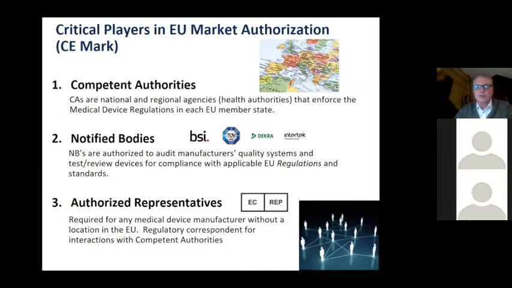It's important to understand what the ramifications of this are. This is the individual who will be doing your regulatory correspondence. This is who the competent authorities and notified bodies will communicate with. They will, and they need to be able to get a response immediately. What that means is that you need to be sharing confidential information with this representative. So it needs to be a highly trusted representative.